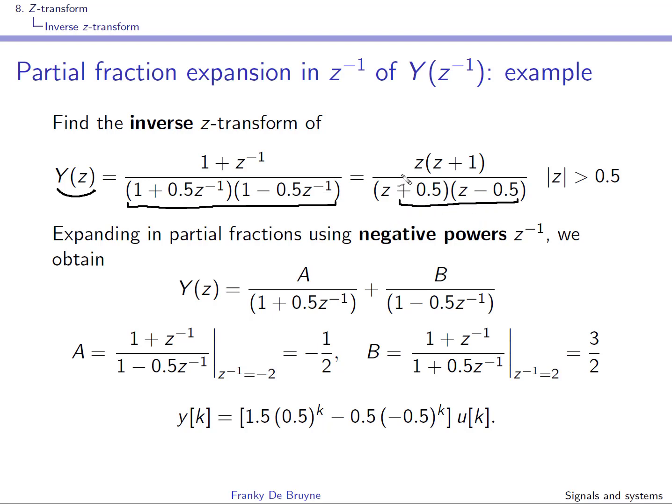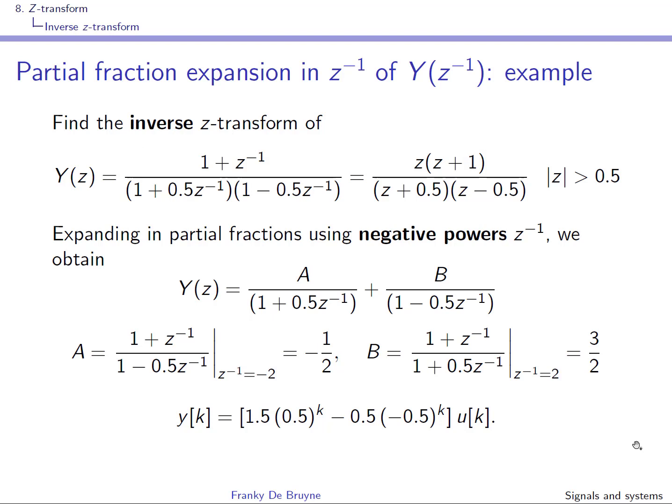And here we express y of z as a function of z. Sometimes we write y of z over here and here we write y of z minus 1, just to show that here we consider the z transform using the variable z minus 1, and here it is using the variable z.